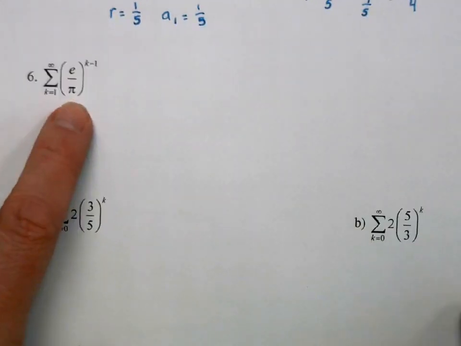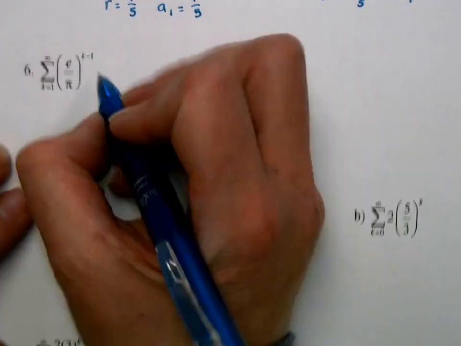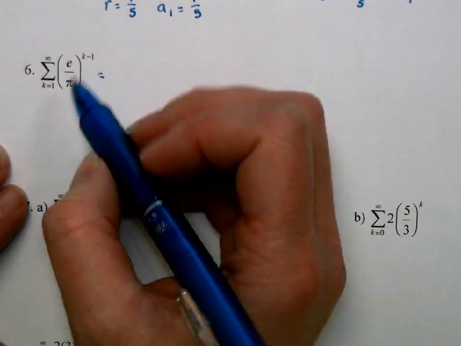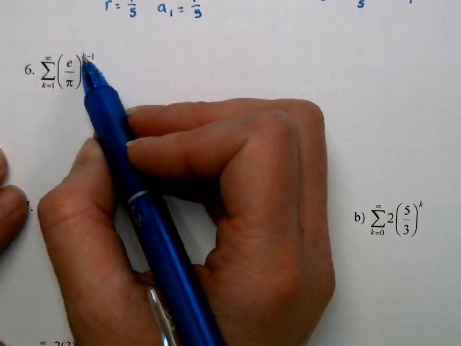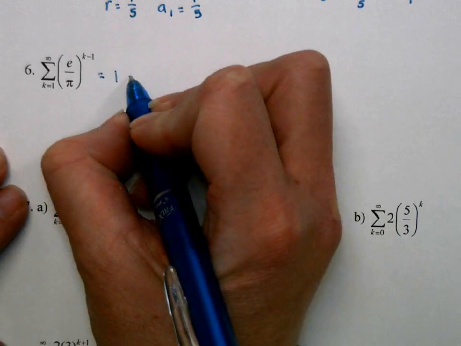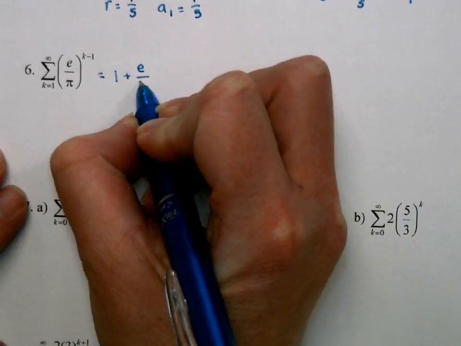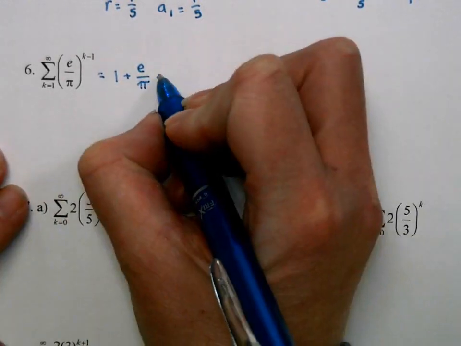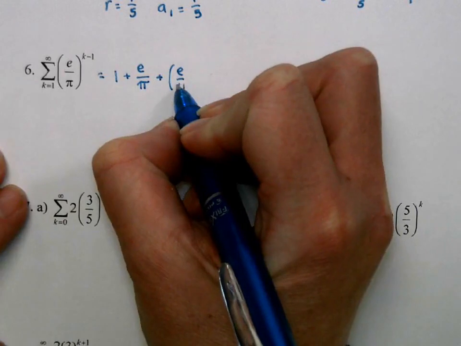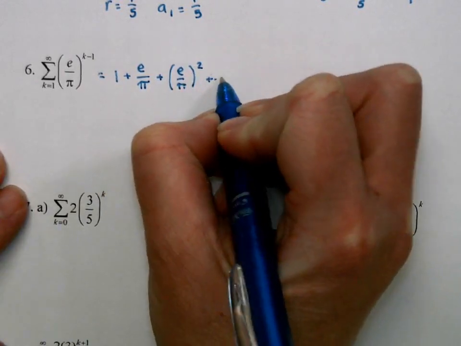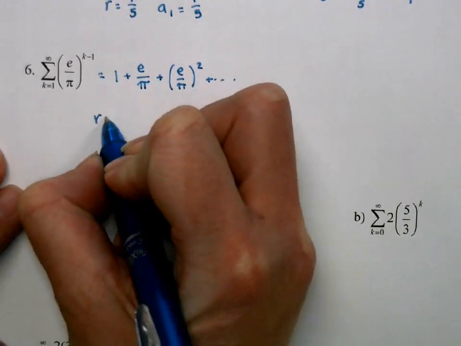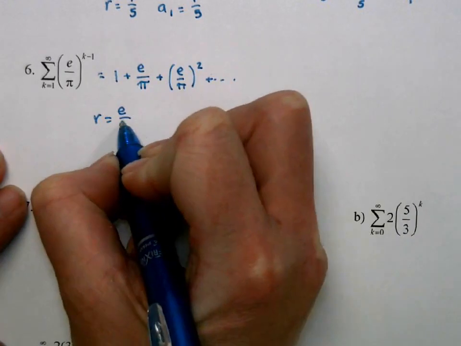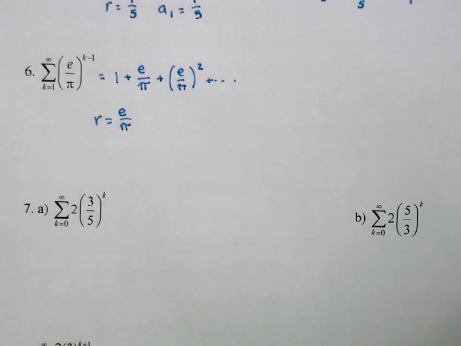Okay, College Board likes these kind of questions because something like this is real simple. This looks more mathy. But if we start generating some terms, when n is 1, our exponent is 0, so we just get 1. Plug in 1, we get e over pi, e over pi squared. So my ratio is e over pi. So the question becomes, is that less than 1?